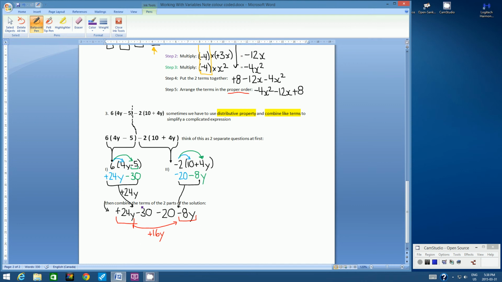Our numbers, we have negative 30 subtract 20. What is negative 30 subtract 20? Well, that is negative 50. Okay? So our last step is we combine these terms together. We always put the variable first. So the variable is 16y. Don't write positive here because that's where we drop it. And then we have minus 50.